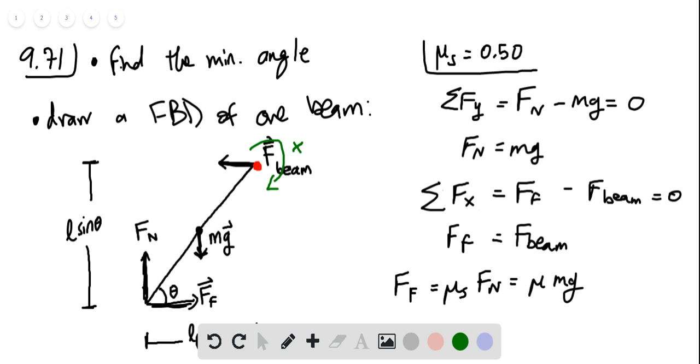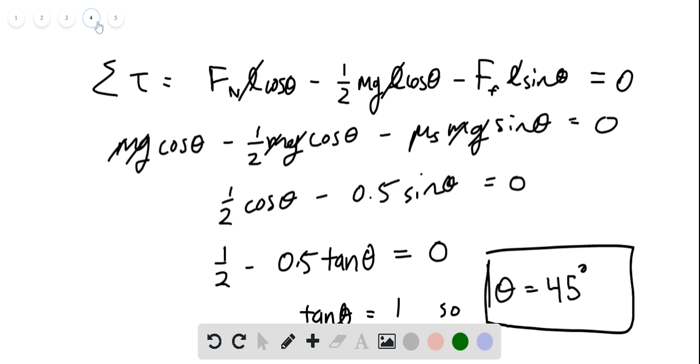So the force due to gravity is going to cause a torque, but it's at an angle, right? So we actually have to use trigonometry for that. I should have another page that explains everything. Actually, yes, I do. So we'll come back to this page, but you can see that we do have those 3 terms, and they all include the forces I was talking about: the normal force, the force due to gravity, and the frictional force.